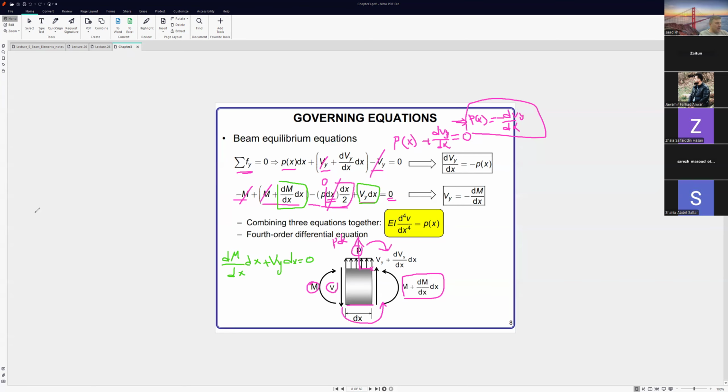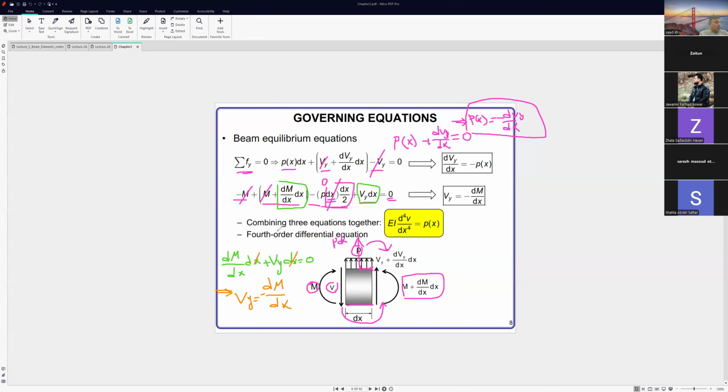So what will we have after that? After dividing by dx, V of y is equal to minus dM over dx, okay? And traditionally, this means that the shear is the derivative of the moment, okay?